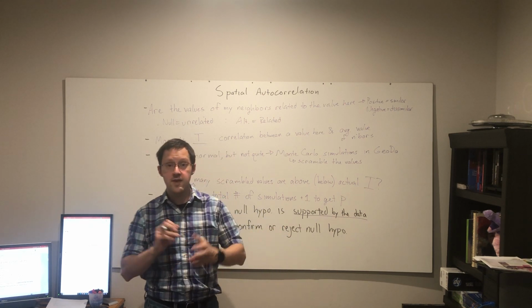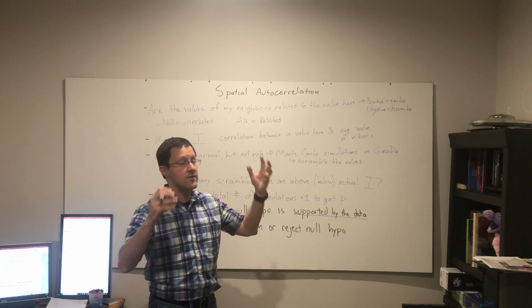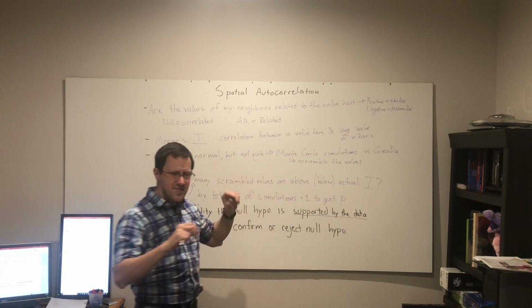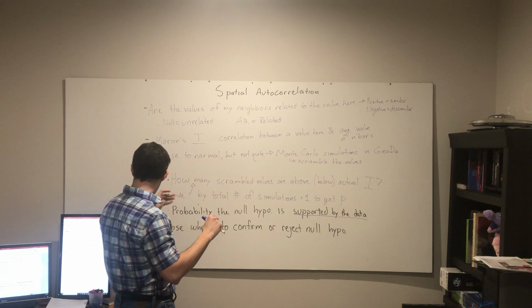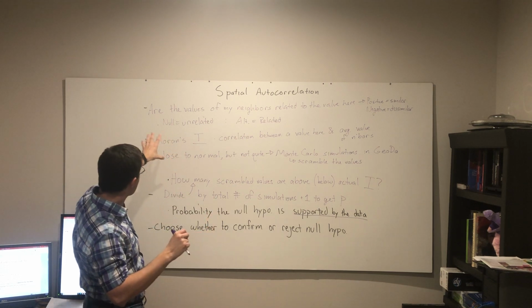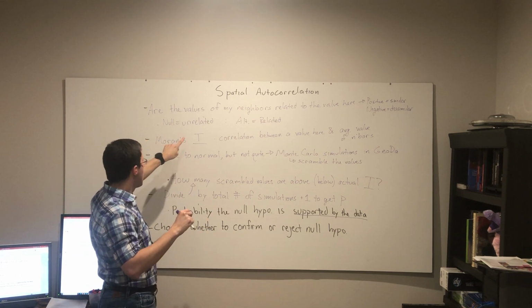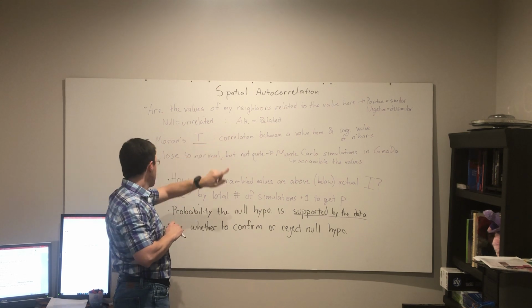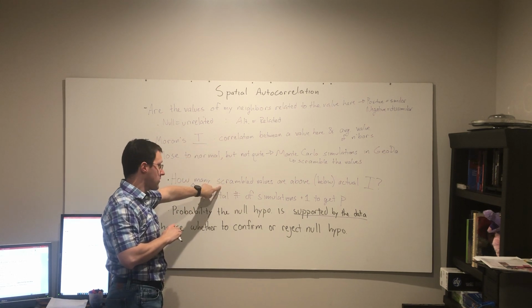So that's the overall process of spatial autocorrelation. What I'll do next looks at a couple of these steps, especially this part, how Moran's I works, and getting the p-value.